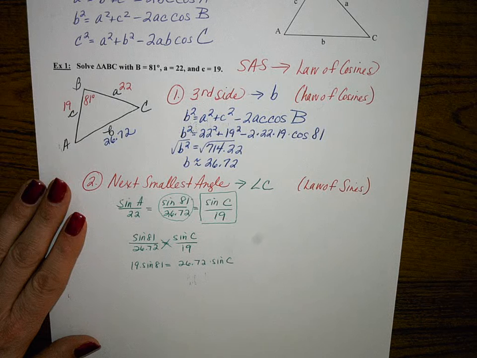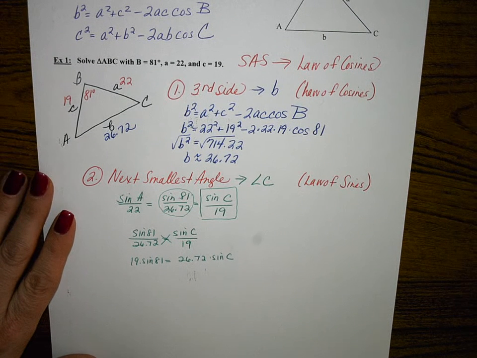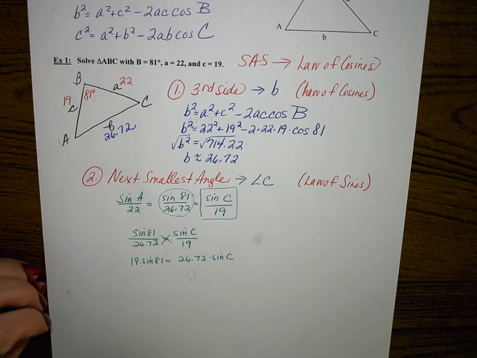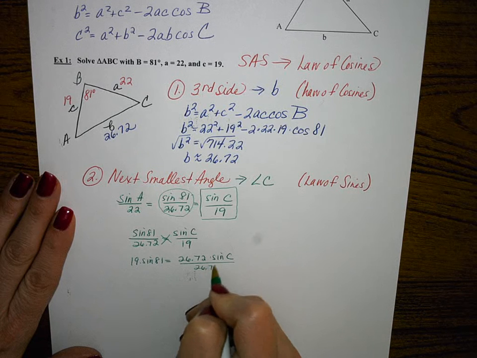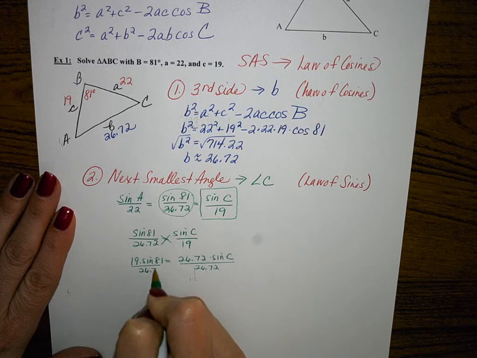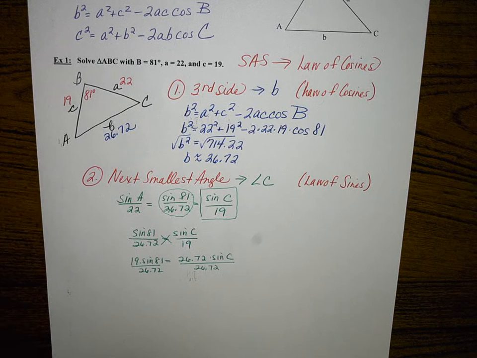All right, Logan, what do I do to start getting that angle C? Multiply 19 by sine of 81. Uh-huh, and then what? Divide by 26.72. Beautiful. I'm going to divide both sides by 26.72. So as Logan said, 19 times the sine of 81 divided by 26.72.